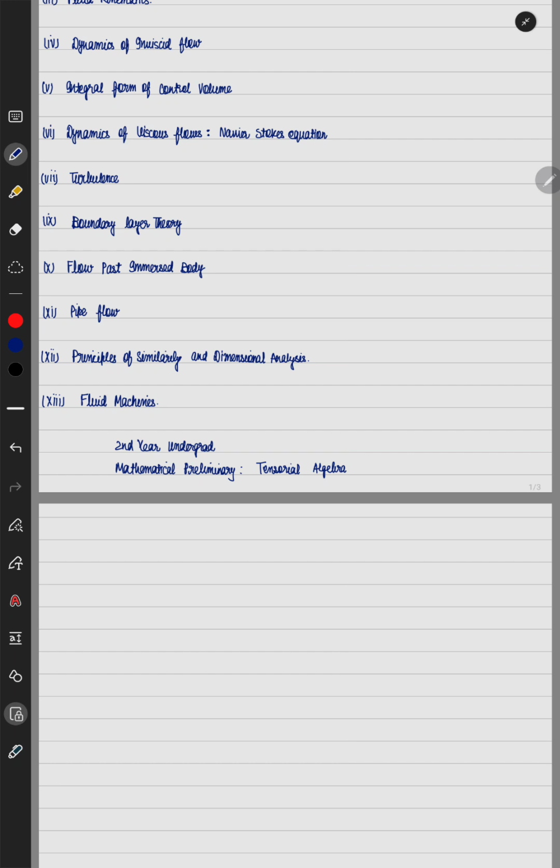Wherever tensorial algebra will be required, I will be discussing that particular part at that particular section only. I will not discuss entire tensorial algebra or mathematical preliminary all at once, but as I require these particular things, I will discuss it there. And in this I will discuss Einstein's notation or index notation.